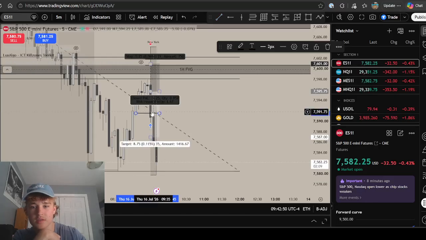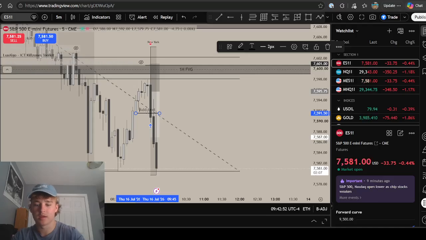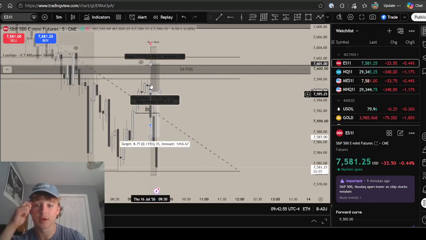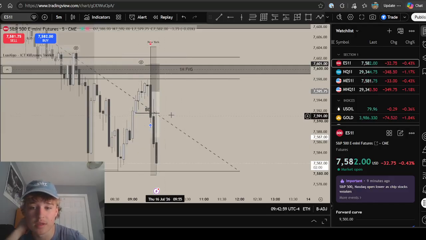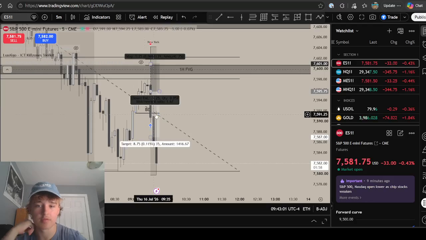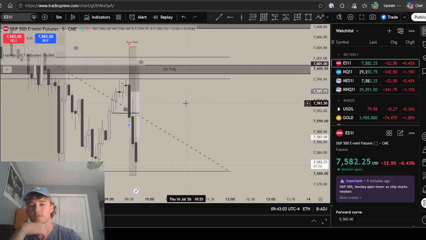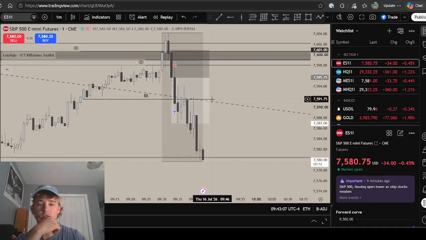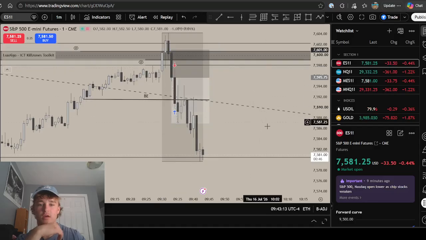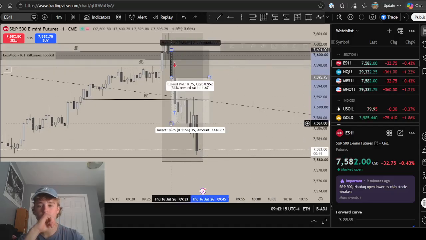As soon as we tapped into this 5-minute fair value gap, that would be my break even point, which is exactly what I did. As soon as price came into my 5-minute fair value gap, I moved my stops to break even, and I ended up pulling out of the trade before price even had an opportunity to reverse.